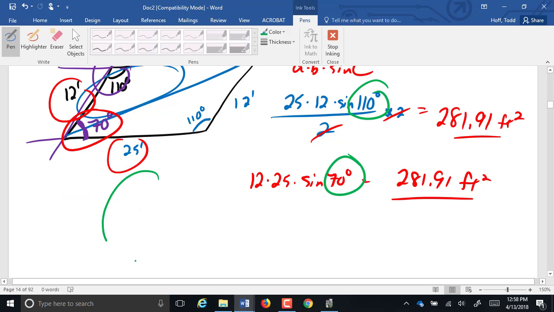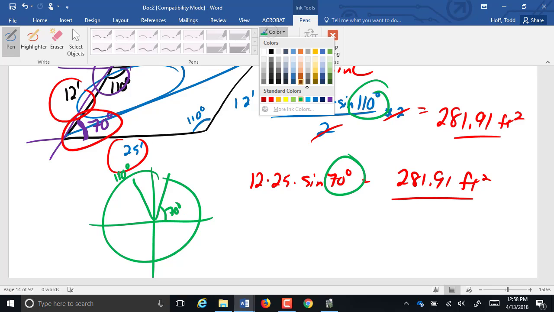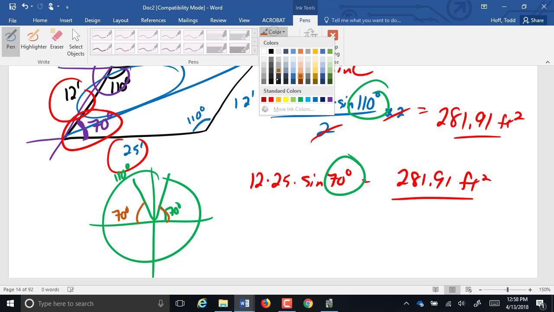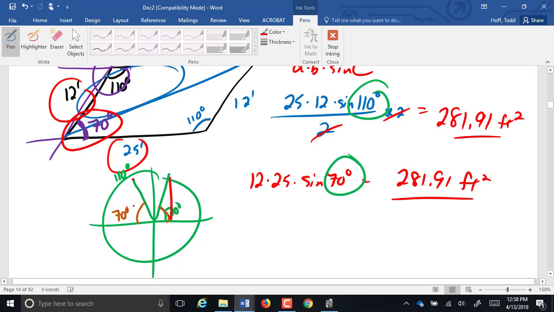They're supplementary. And remember, this is 70 degrees, this is 110 degrees. They both have a 70-degree reference angle. Therefore, they have the same sine. So it will be the same.